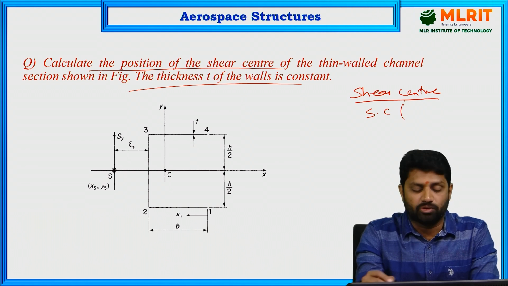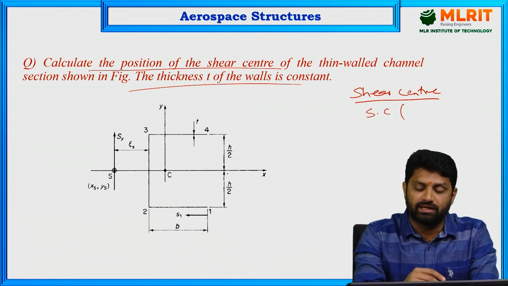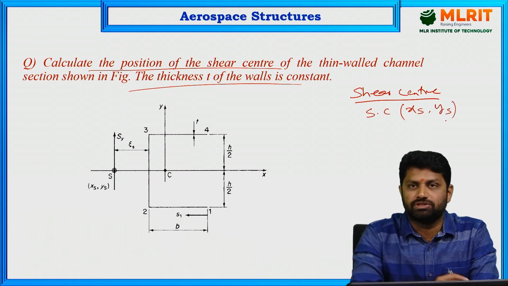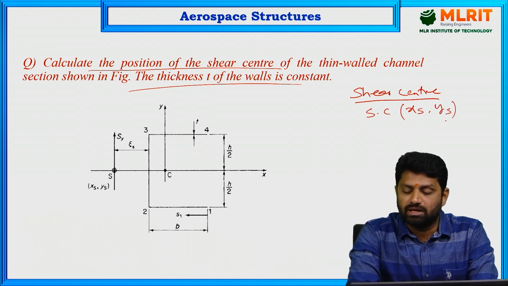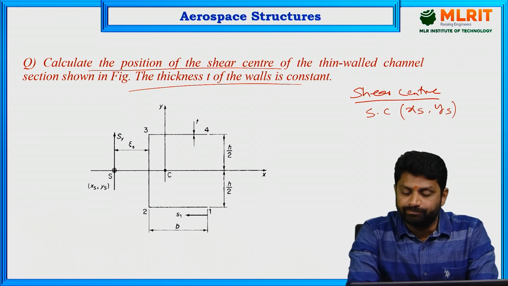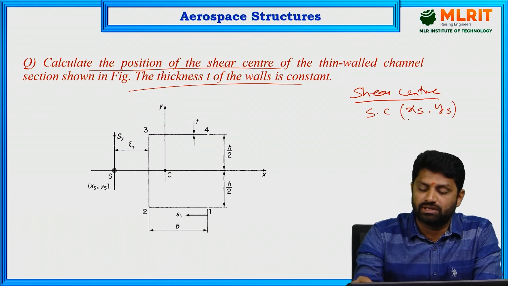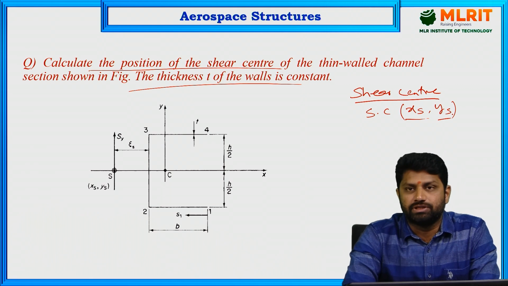Since it is a point in the cross section, it will have two positions just like the centroid: one horizontal position of shear center and one vertical position of shear center, that is, Xs and Ys. So to calculate the shear center position, we should know two positions, the horizontal position and the vertical position.